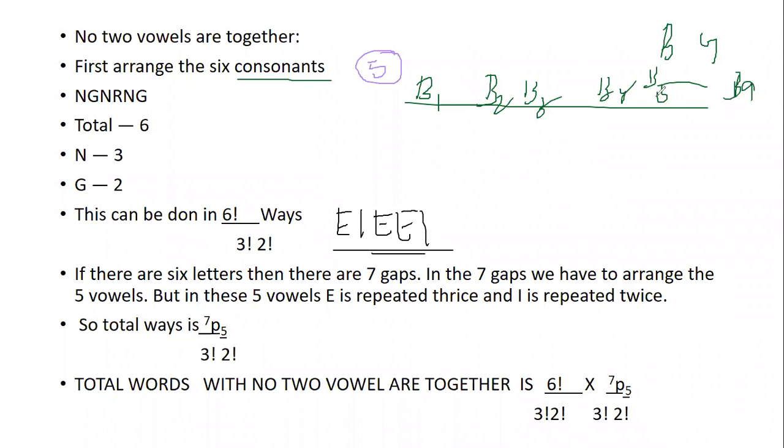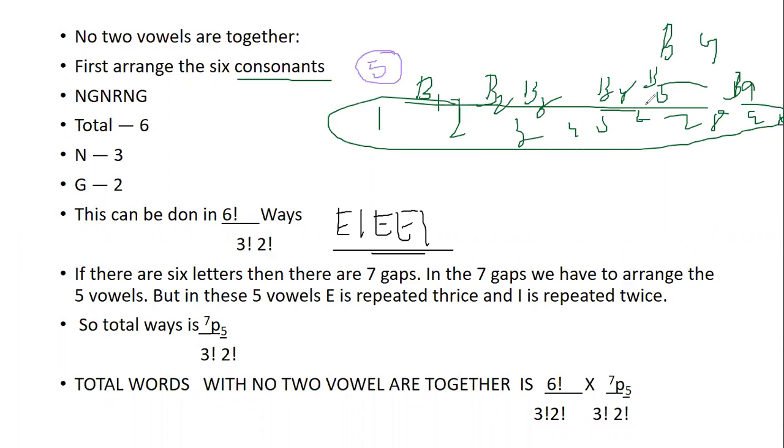Then no two girls should be together. So we had 10 gaps, and in those 10 gaps we were supposed to fill 6 girls. You remember this problem which we did?